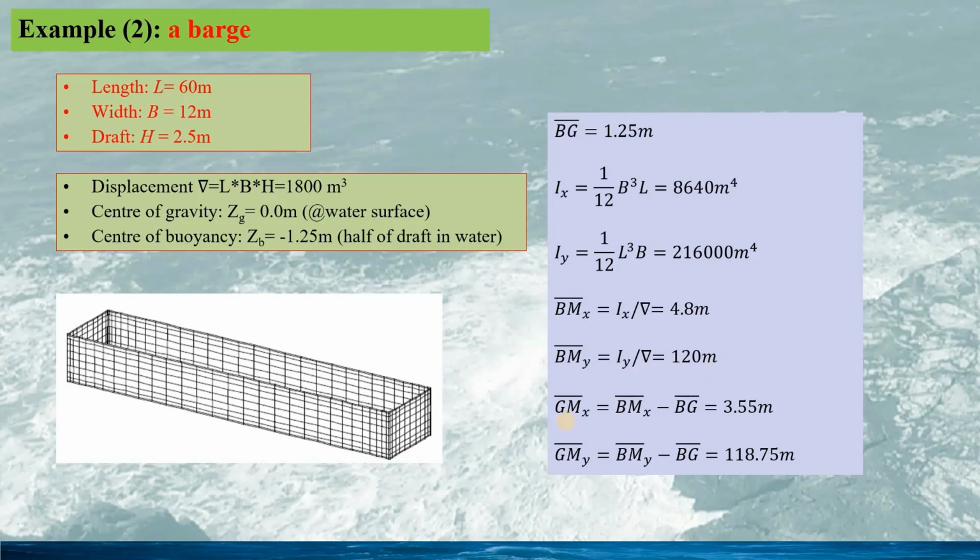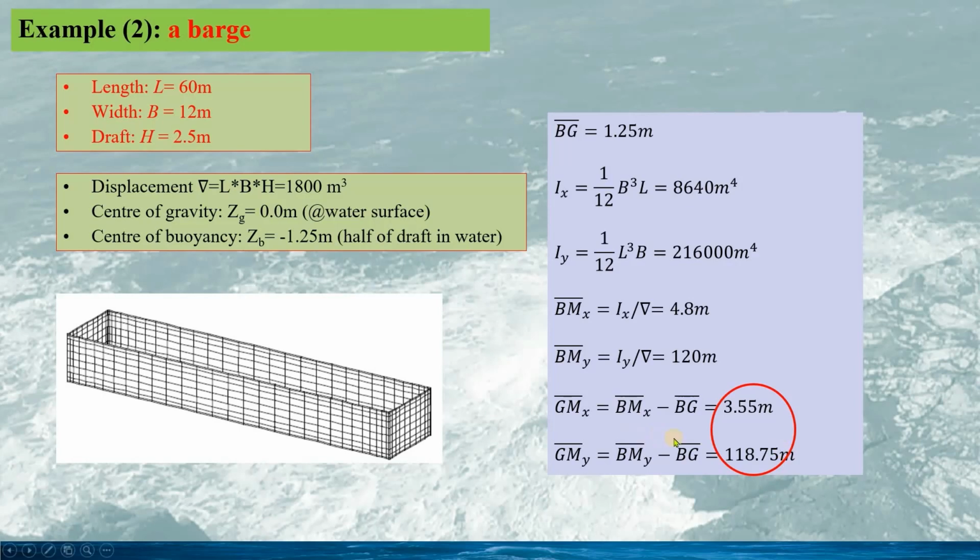In this case, if we take the center of gravity at the water plane, the inertial metacentric height for this barge would be Gmx is 3.55 meter, and Gmy is 118.75 meters.